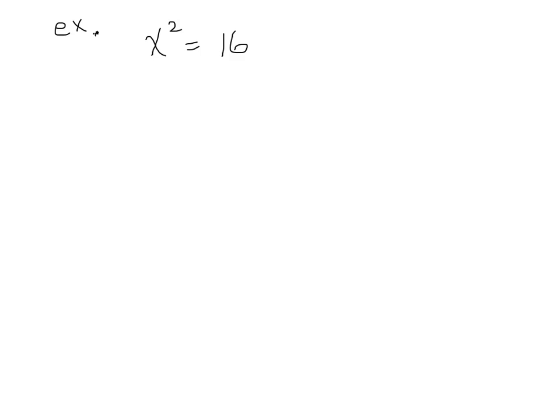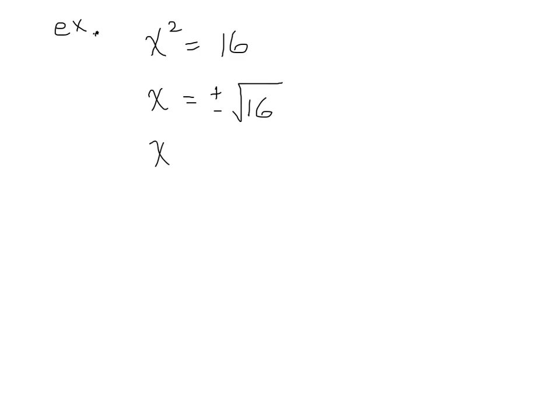So for example, if you're solving this very simple basic equation here, where x squared is equal to 16, well, we know that x would have to be the square root of 16 if we square root both sides. However, it is important that we remember that it's not just the positive square root, it is also the negative square root, and that's written plus or minus the square root of 16.